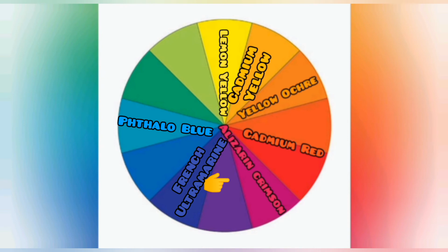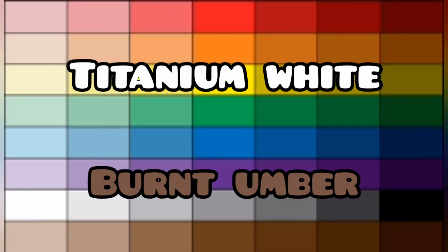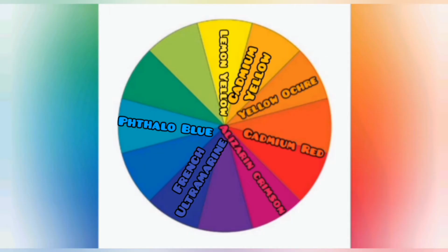We have two other colors in our palette, titanium white and burnt umber. Those are going to be used as white, and the burnt umber will be used sort of as our black and will be used to make colors lighter or darker, so they are not represented here on a saturated color wheel like this.